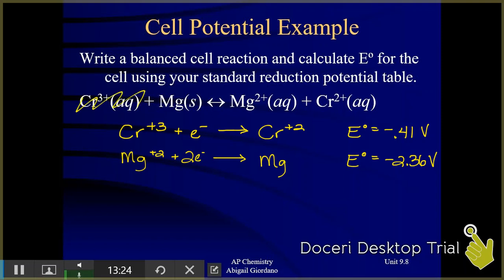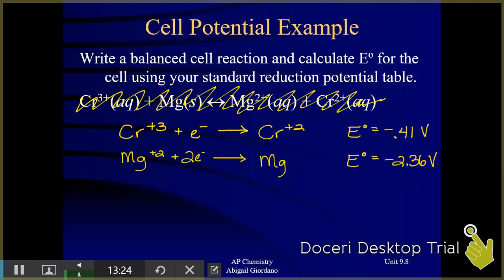Let's say you weren't given this skeleton equation at all, and you were just told, okay, the galvanic cell is going to involve these two half reactions. How would you know which one to flip? Remember what we said. If it's a galvanic cell, which is what we're doing right now, the total has to be positive. So I know I have to flip one of these, and whichever one you flip, the reduction potential is going to change sign.